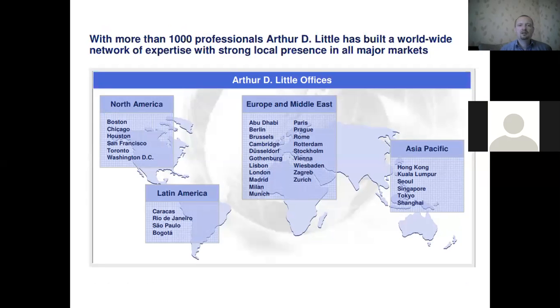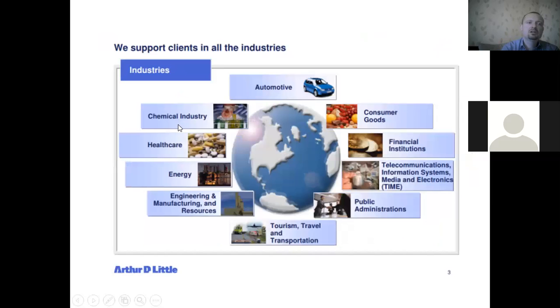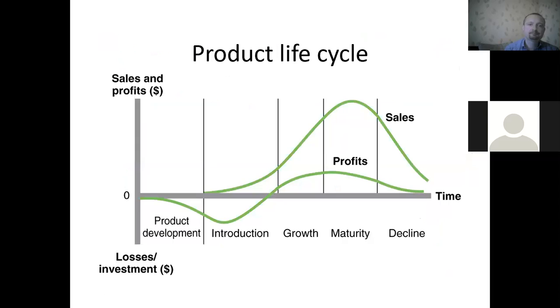They have branches in different parts of the world, and they are supporting clients in different industries, and it lets them support diversified companies. It's very important. I copied this information from the official site of Arthur D. Little company.